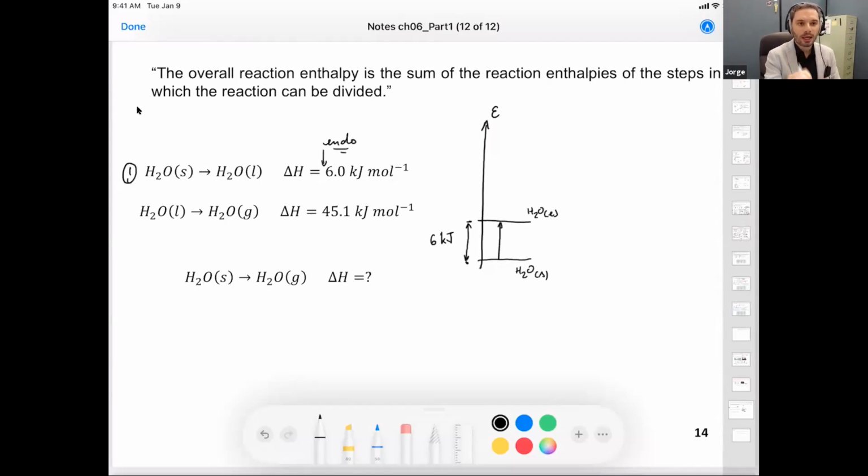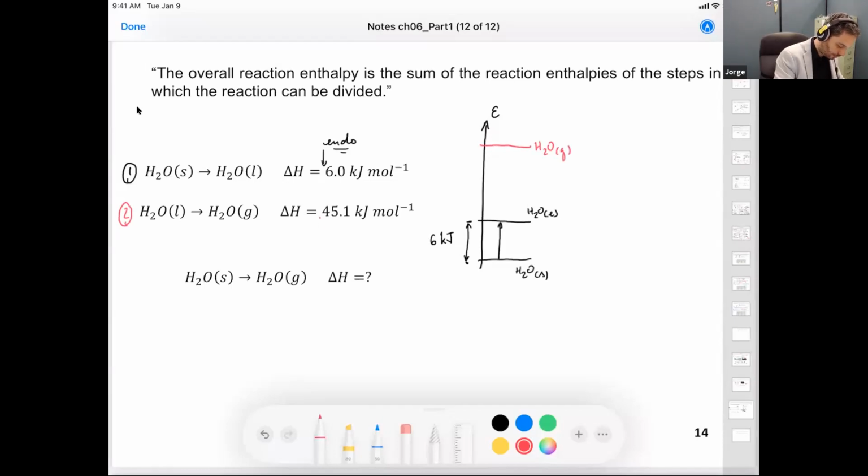Now in the same diagram, I want to draw the energy diagram for the second step. So let's put that in red, the second step. See that the second step starts where the first step ends. So we are going to start from water in the liquid state and go all the way up to water in the gas state.